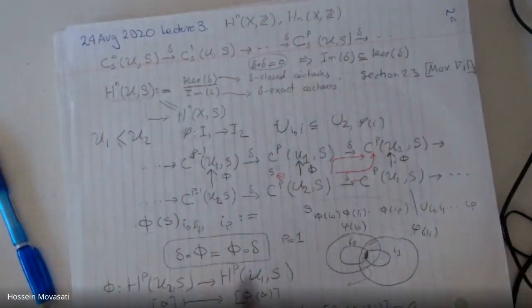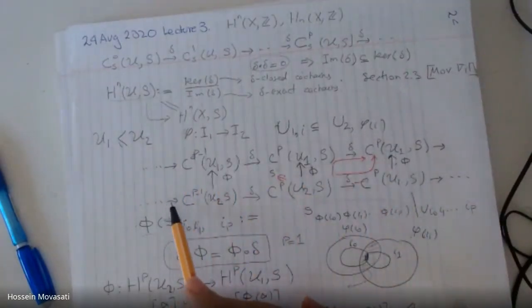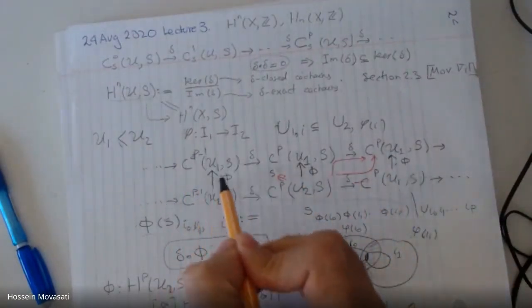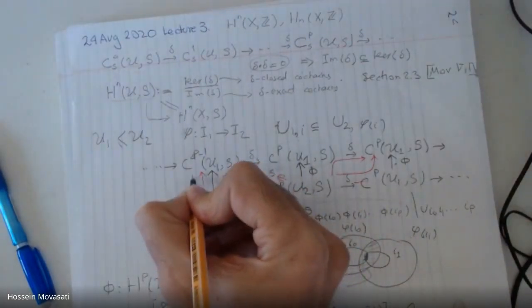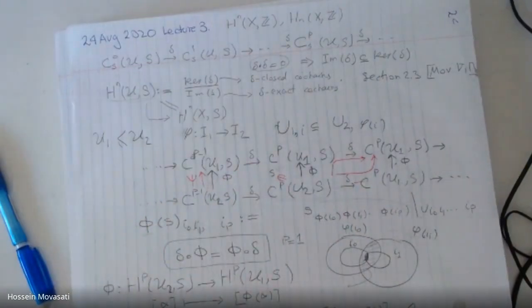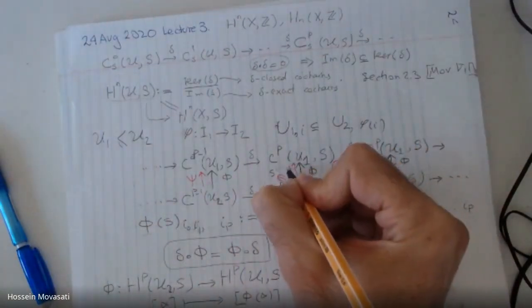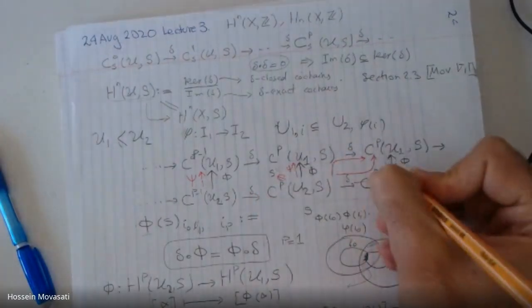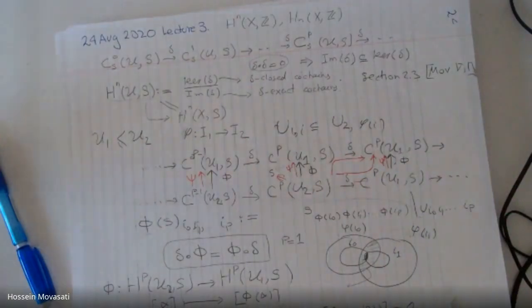So the idea is that in any case, I have the complex attached to U1, and the complex attached to U2. I have the map phi, and now I also have the map psi, which comes from the other refinement. From down to top, I have two maps.